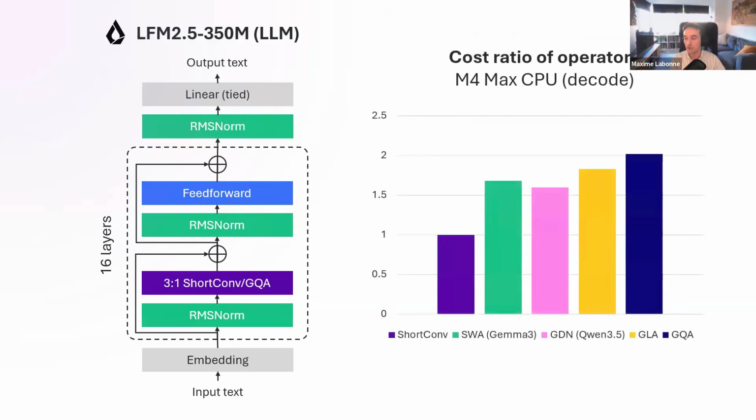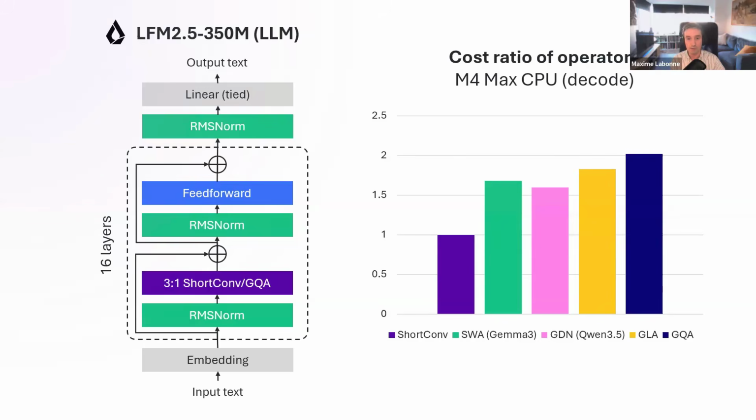But I want to talk about the gains that we have here, and you can see on the left the short conv layer and the cost of each of the other layers. So you can see that on this M4 Max CPU for decode speed, it's pretty much twice as efficient as GQA, and you can compare it with the other layer types that we saw for Gemma and Qwen.